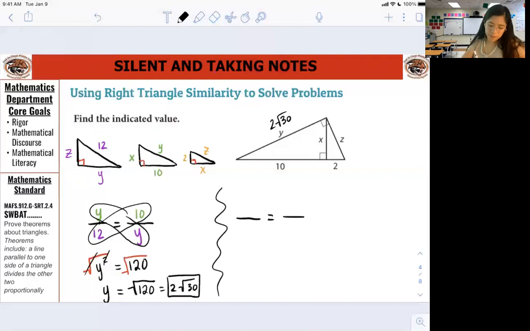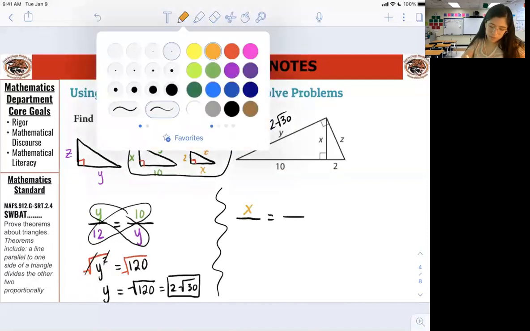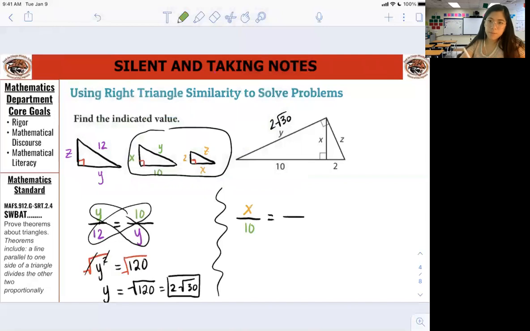Maybe let's take a look at these two triangles. So X over 10 equals, good, 2 over X.